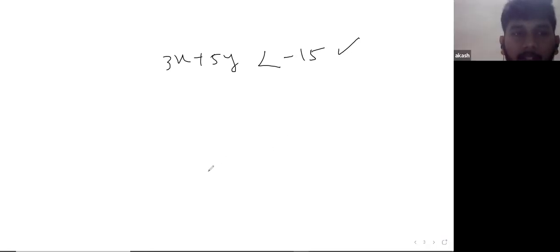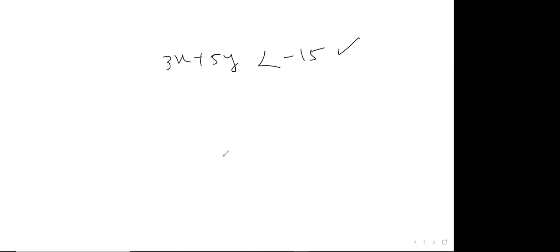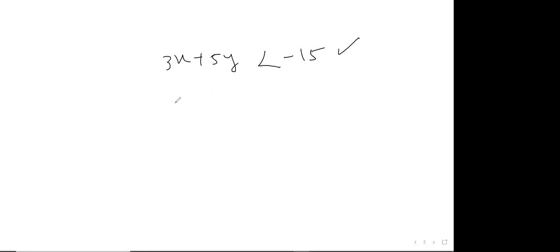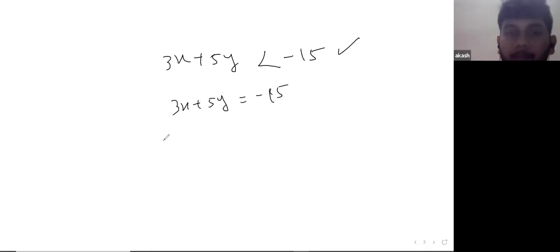Okay. Are we done? Fatima is done. Gautam, done? Yes, sir. Okay. So take me through the steps. Sir, I wrote 3x plus 5y is equal to minus 15. All right.